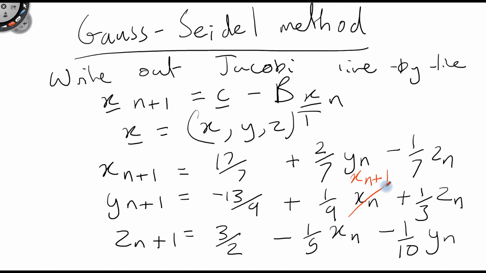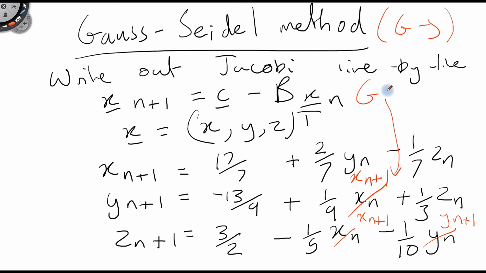And when we get down to the bottom line, we've already got x n plus 1 and y n plus 1. So if we call Gauss-Seidel GS, these red terms are the GS modifications. The hope is that it accelerates the method and makes it faster. In general, it does. We're going to analyse that.